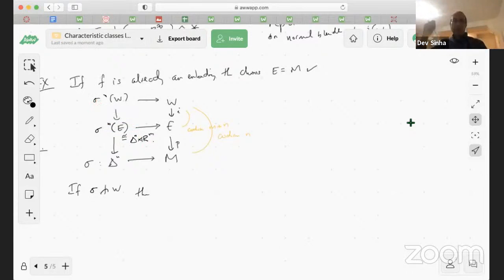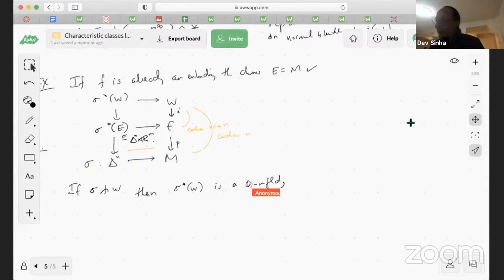I can think about the top pullback square as maybe a little bit easier because now W is embedded in E. But either way, if sigma is transverse to W in the sense of Guillemin and Pollack, then the pullback of W is a zero manifold because it's going to be codimension n plus m in this space, which is dimension n plus m. And it's going to be co-oriented.